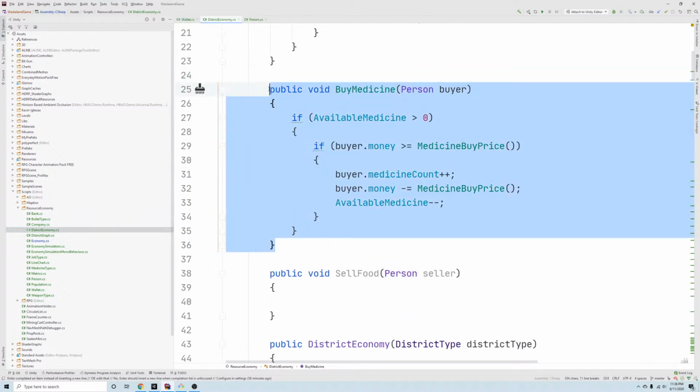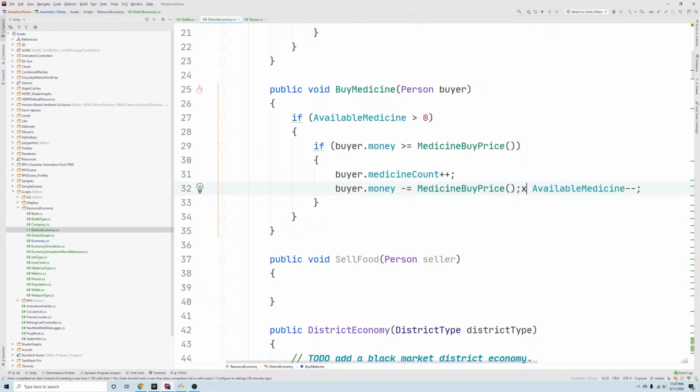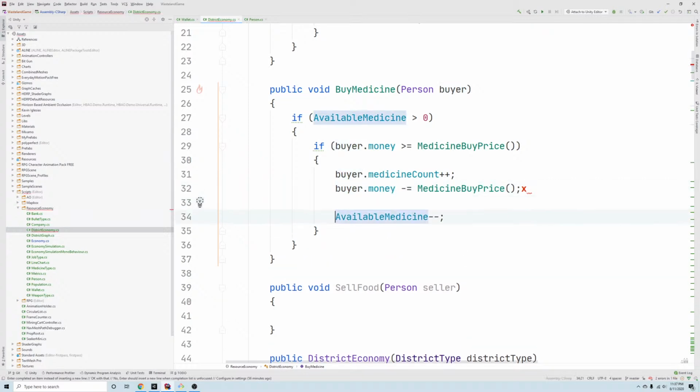there needs to be a company that's ultimately owned by a person. So when the buyer is losing the money to buy the item, the seller needs to acquire the money.